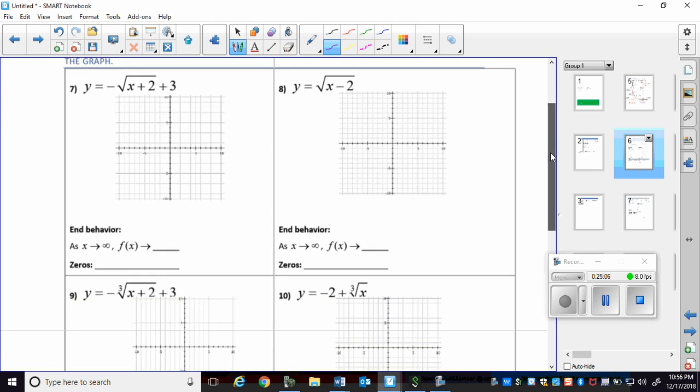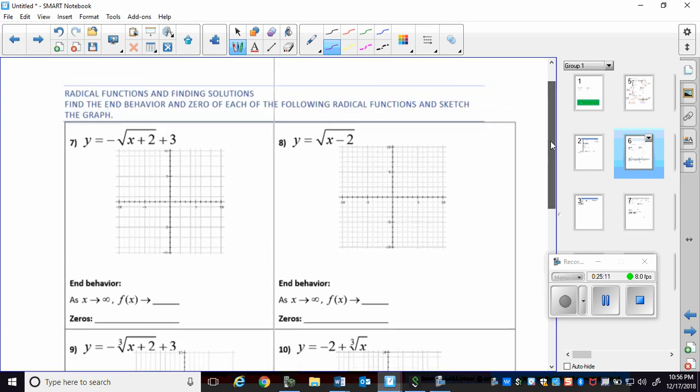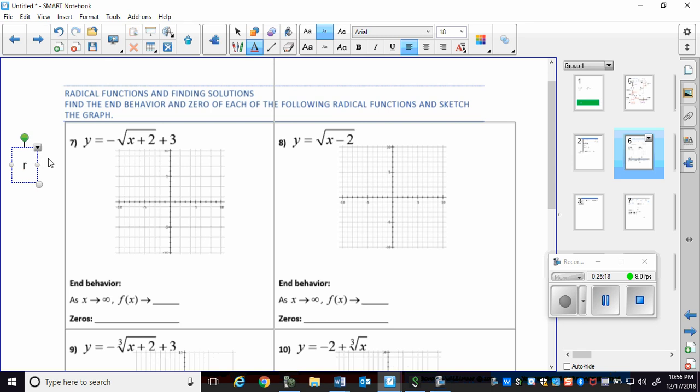All right, so let's graph these. Just typical transformations here: reflects over the x-axis. Okay, moves left 2, moves up 3. Okay, so flips over, so moves up 2, left 3.